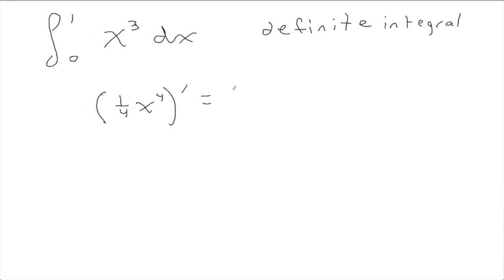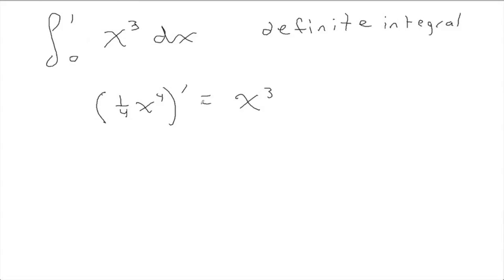And what is that derivative? Let's see. You can work it out on paper if you like. Okay. Well, it's just going to be, yeah, let me work it out on paper. So 4 times 1/4, which is just 1. So then x cubed. X cubed. Good.